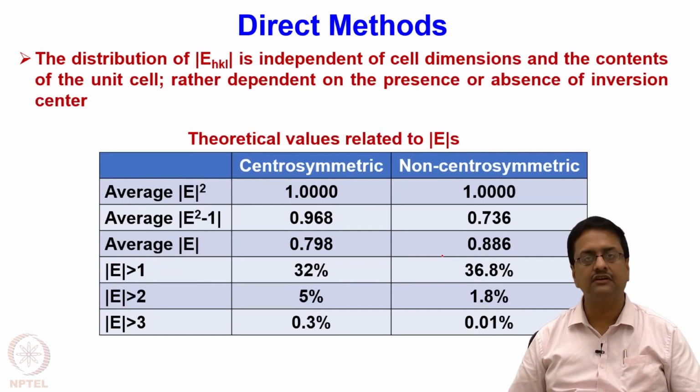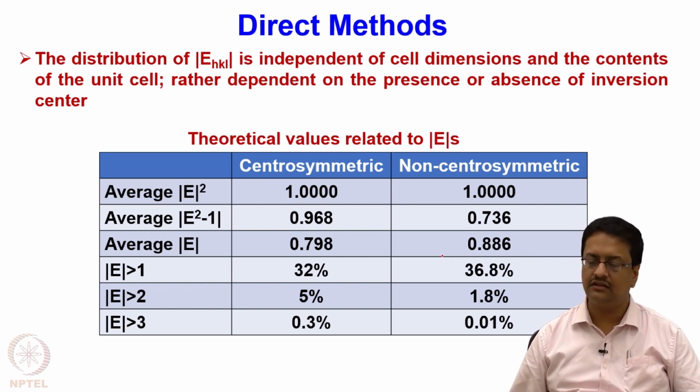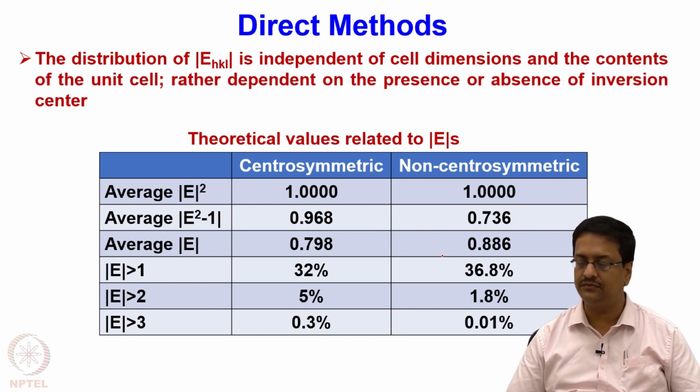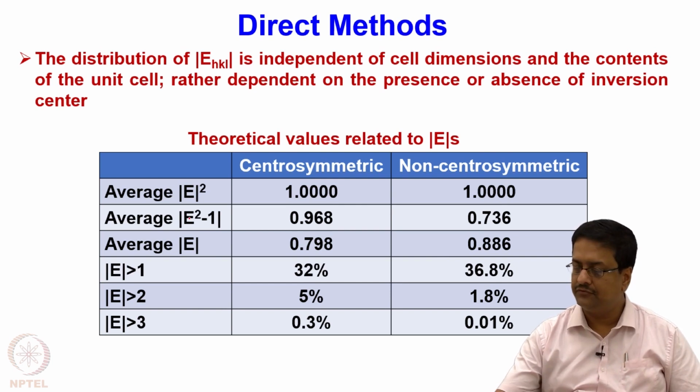The distribution of E HKL is independent of cell dimensions and the contents of the unit cell. Rather, it is dependent on the presence or absence of the inversion center. Here in this table, we have a set of theoretical values for E, and what we see here is that the average value of E square is the same for both centrosymmetric and non-centrosymmetric structures.